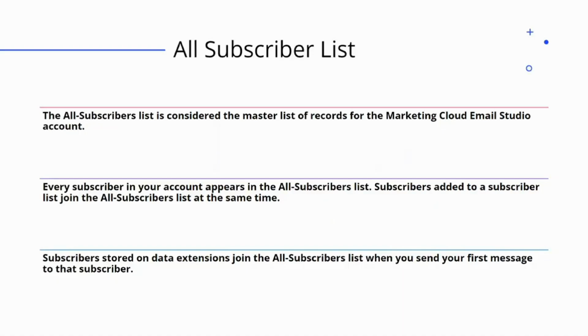And as you have made it sendable, immediately the second step is to send the first email. Subscribers on a data extension join the all subscribers list when you send your first message to that subscriber. And you can only send a message to a subscriber if a data extension is sendable. So we have made the data extension sendable, and then the second step is to send the first message. The moment we send the first message to that data extension, the data will be added to all subscribers.